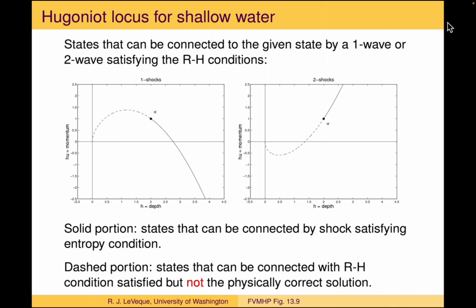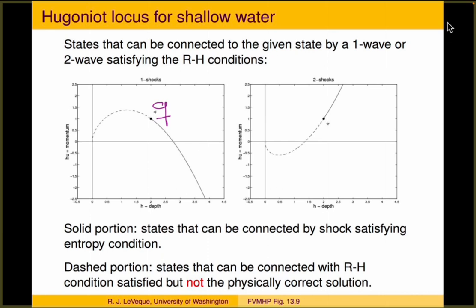And when we were talking about the Hugoniot locus, we also saw this figure where, if we look at a state QL here, then this is the 1 wave Hugoniot locus, and the solid part is the set of states we can actually connect to by a shock wave that's physically correct. The dashed line are states that you can connect with a jump satisfying the Rankine-Hugoniot conditions, but it wouldn't satisfy the entropy condition.